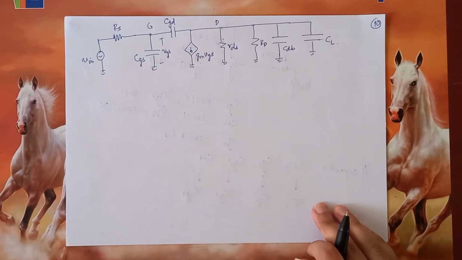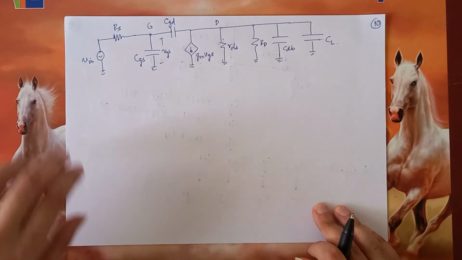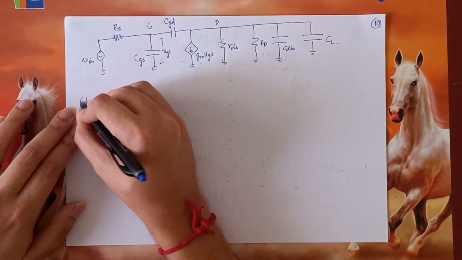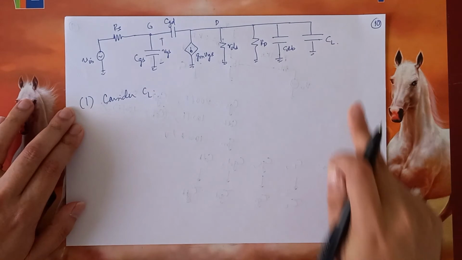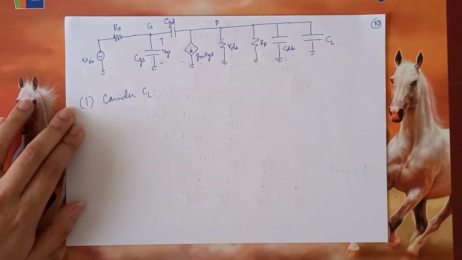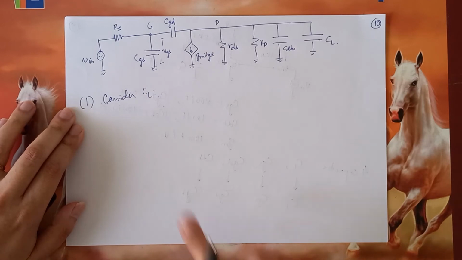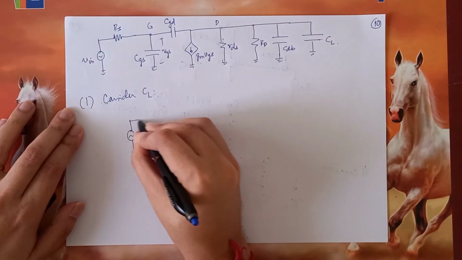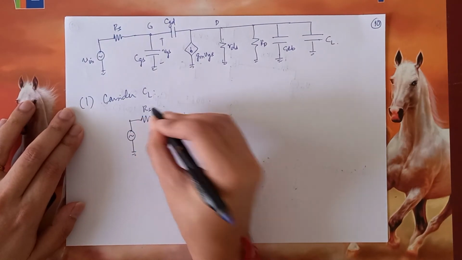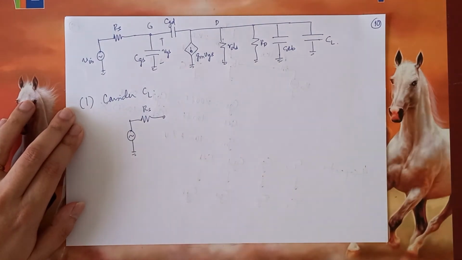So let's see one example. Let us say case 1, we take CL. So when we are considering CL, as per the rule, we have to make all of the other capacitors open circuit. That means this and this will all vanish. So therefore, the circuit will be something like this. This is now an open circuit.